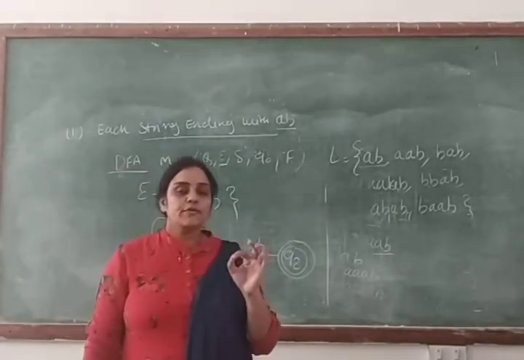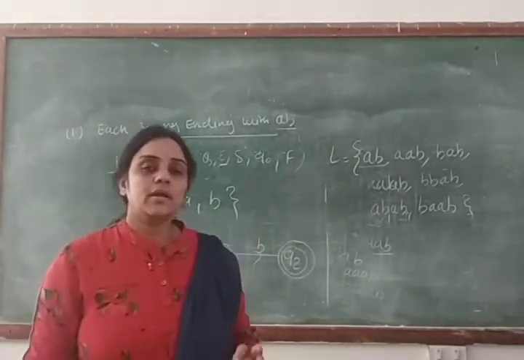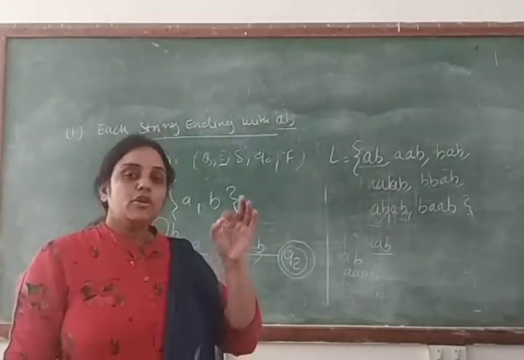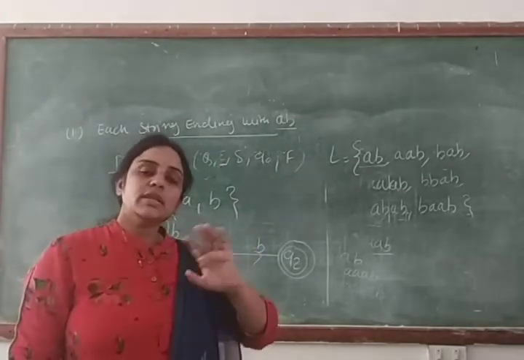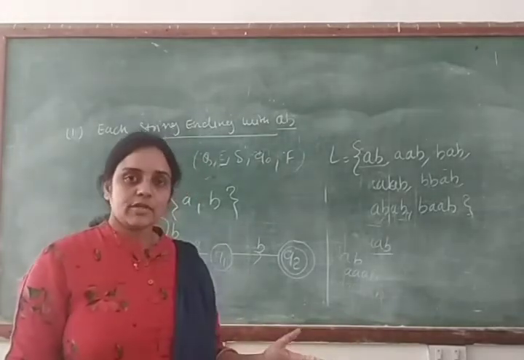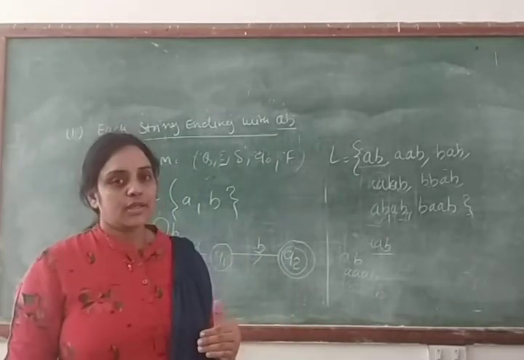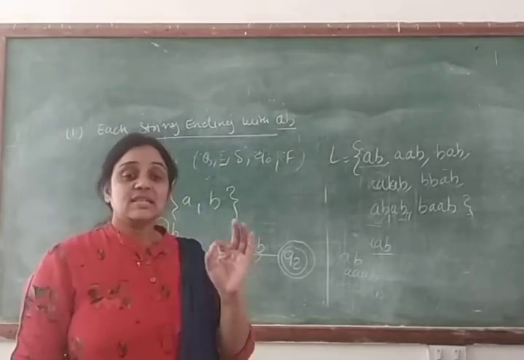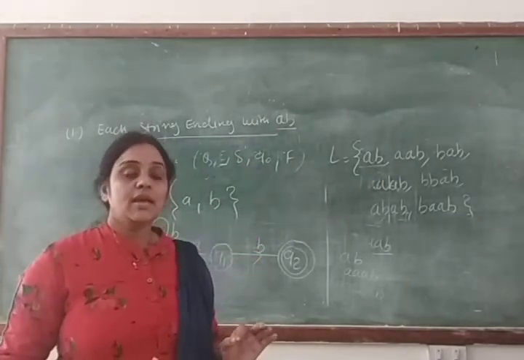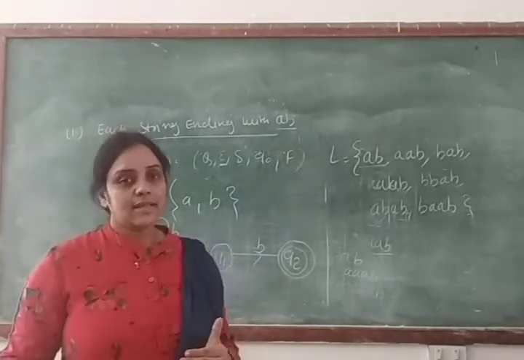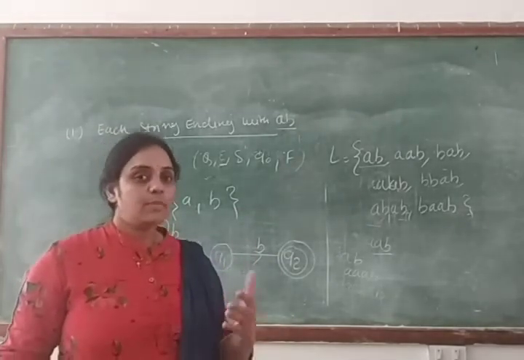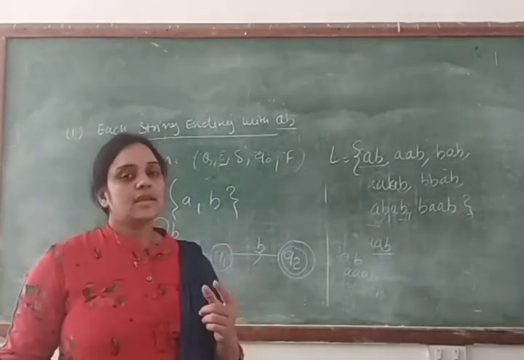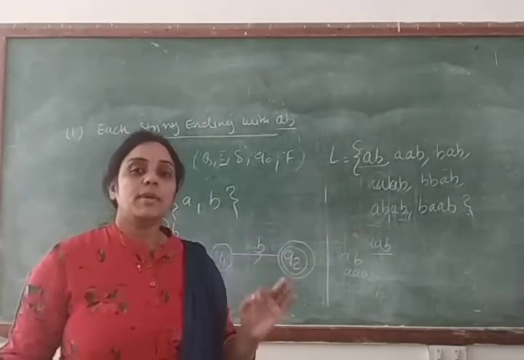Clear? So that's why we cannot make this transition, because you have also noticed this thing and you have to remember this thing. If you are making a machine for a particular language, that means all the strings generated by that language should be accepted by your machine, and no string that is not part of your language should be accepted. If your machine accepts that type of string, in that case your machine is not for the particular language.